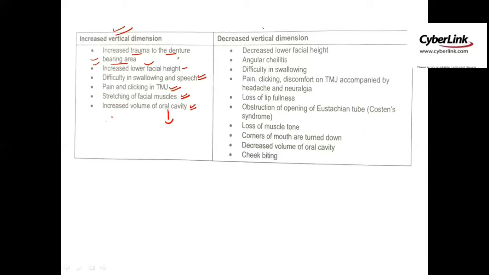If vertical dimension is decreased, it decreases the lower facial height. It causes angular cheilitis because there is more closure than the normal.